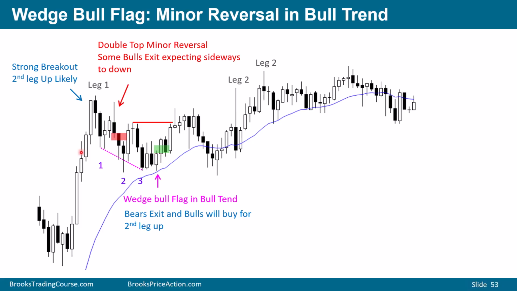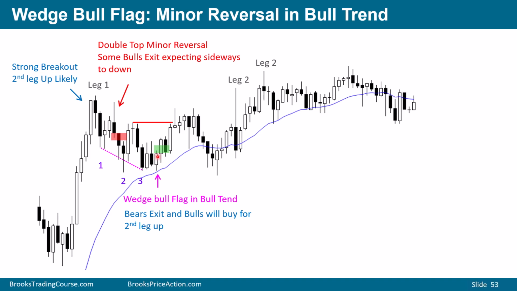Some traders, because this bar right here is climactic, they'll buy, scale in lower, and look to exit back at the high close. Other bulls, they'll exit below the second entry and then wait for a couple of legs sideways to down. 1, 2, 3. And then when they get a bull bar closing on its high right here, they'll buy again, betting that the market will get trend resumption.